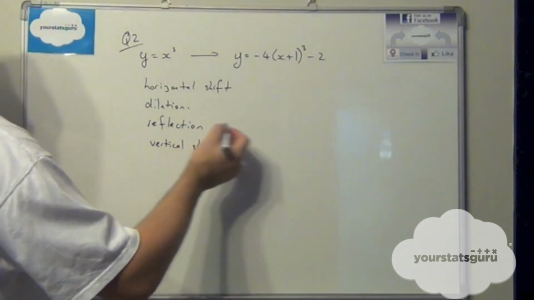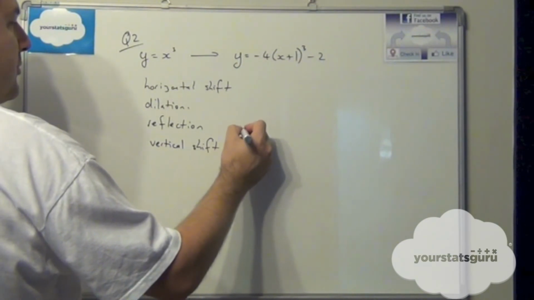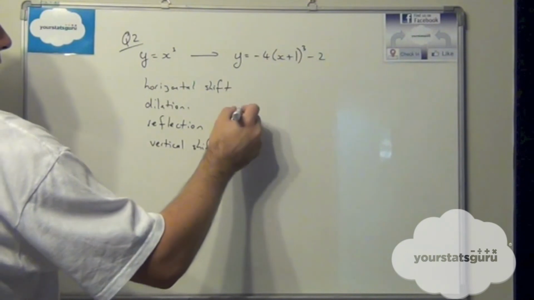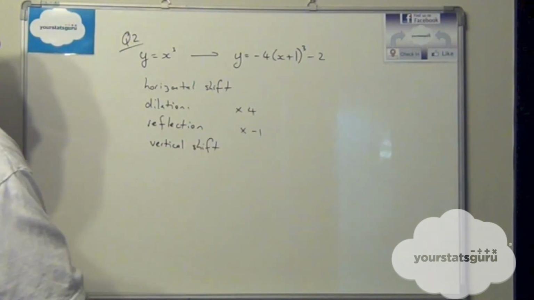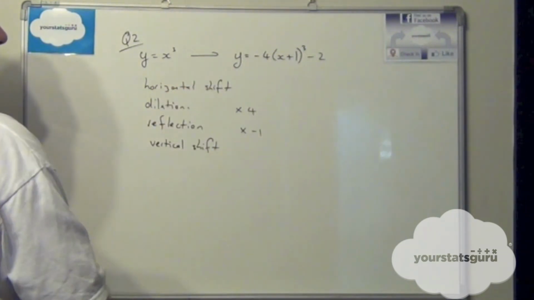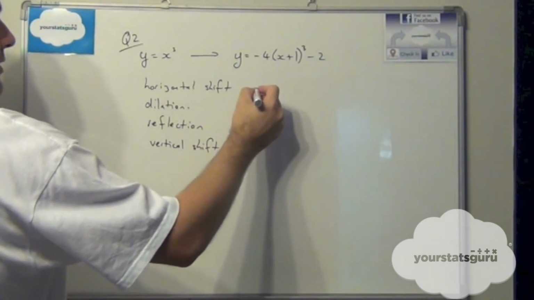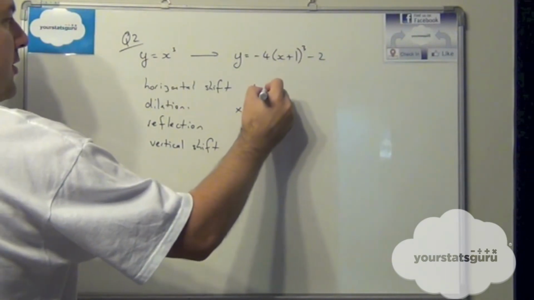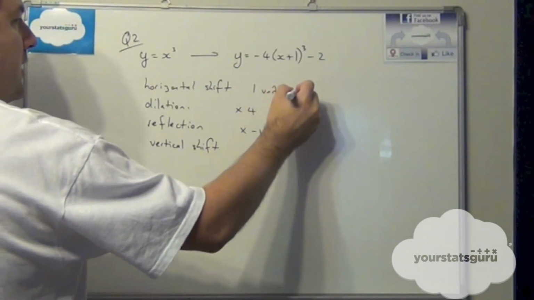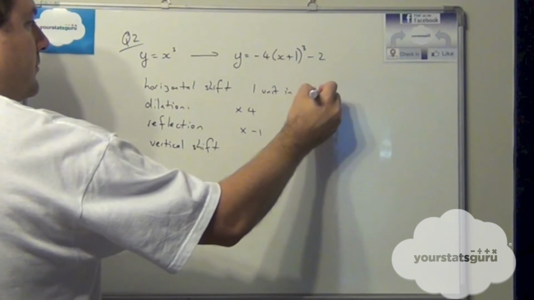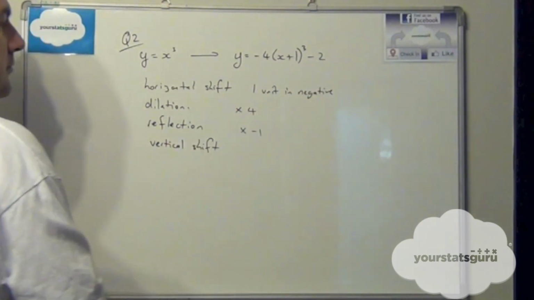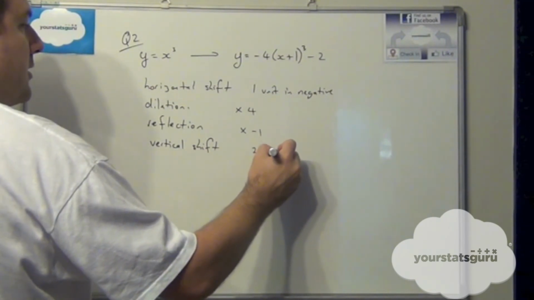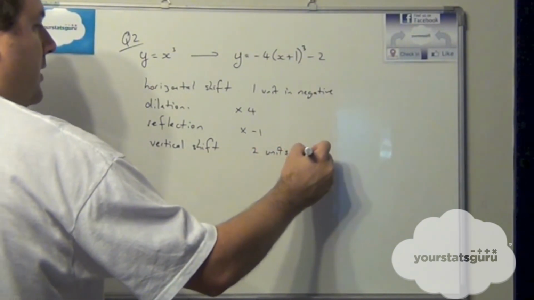So, the reflection is clearly just a multiply by negative 1. The dilation is a factor of 4. The horizontal shift is a shift of 1 unit, and the direction it's taken in is 1 unit in the negative direction, and the vertical shift is 2 units in the negative.